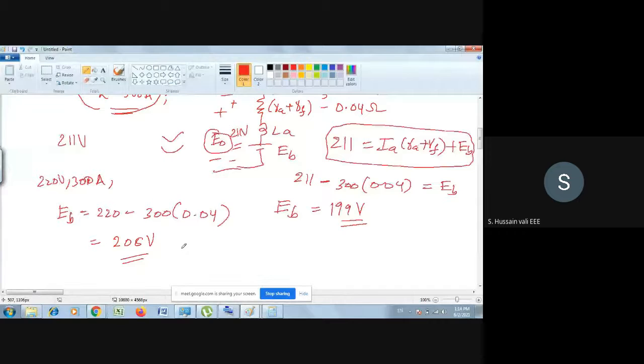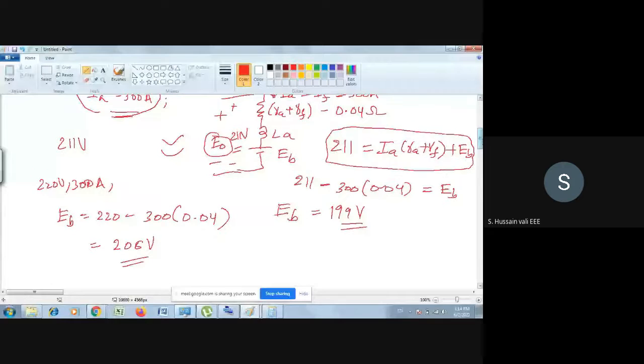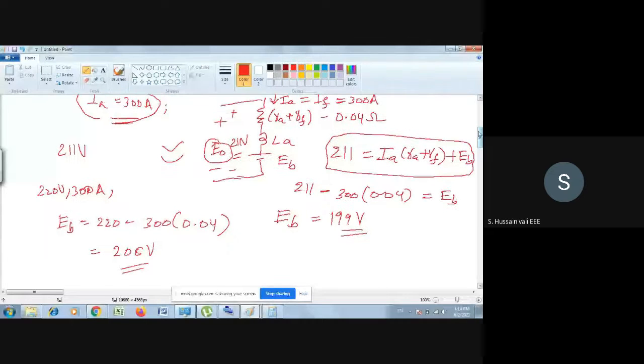Because I think some data is missing here. We have to find out what the data is.